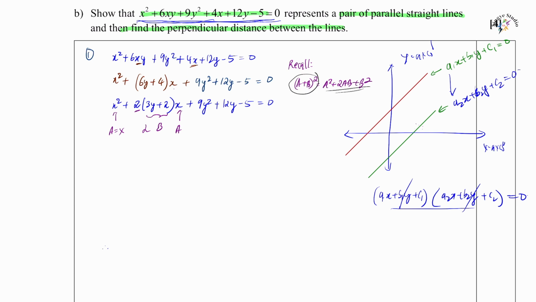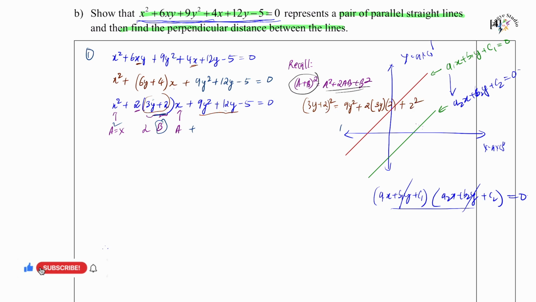So I have a squared here, 2ab here, and this b value is 3y plus 2, so this should be b. If I say b squared, then this remaining has to be just 3y plus 2, the whole squared. So 3y plus 2 the whole squared equals 9y squared plus 2 times 3y times 2, plus then 2 squared.